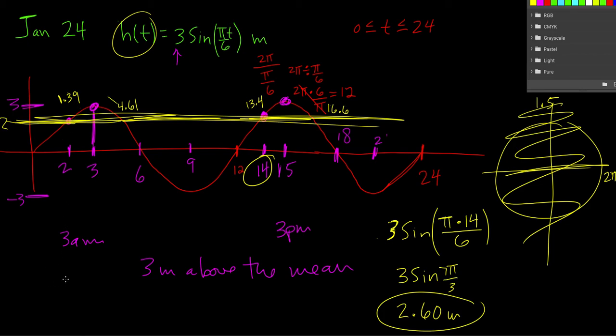Your book gets super exact about this. But in between 1.39 to 4.61, remember those are times, so that's kind of weird, but 13.4 to 16.6.